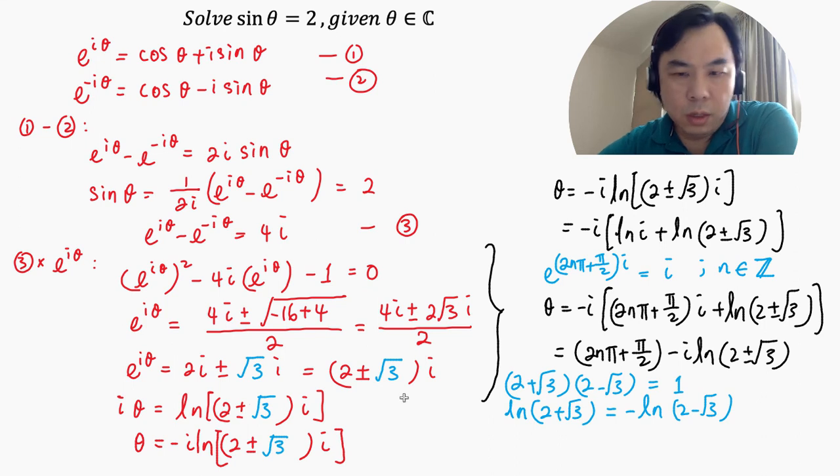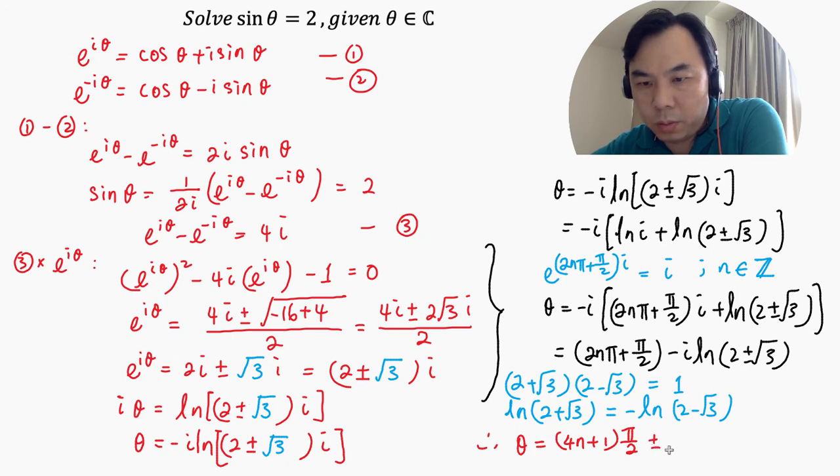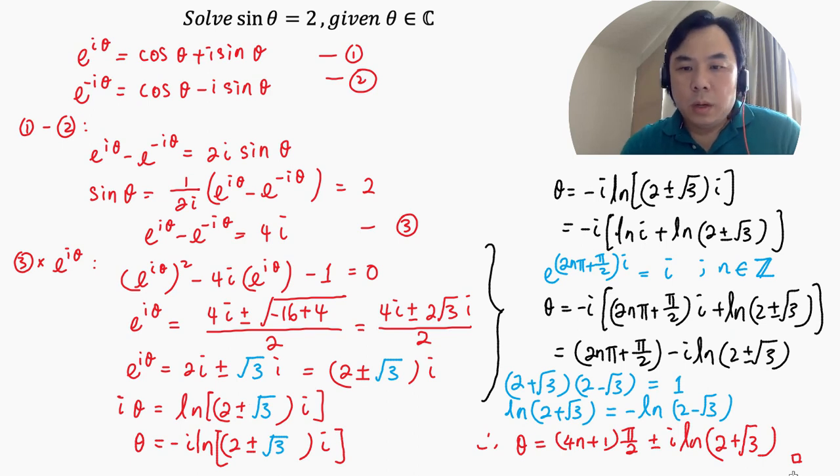Therefore, finally, we can conclude that our theta can be written as, if I factorize this correctly, (4n plus 1) pi over 2 plus or minus i ln(2 plus surd 3). Right, now that will be our final form that represents the solutions to this complex equation.